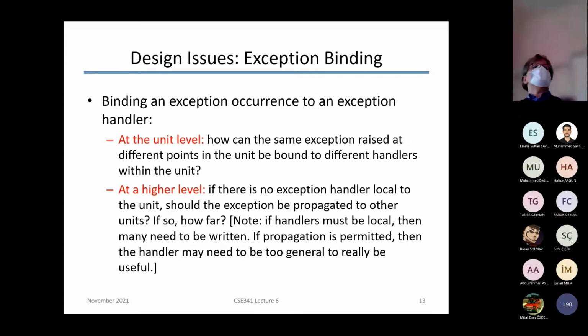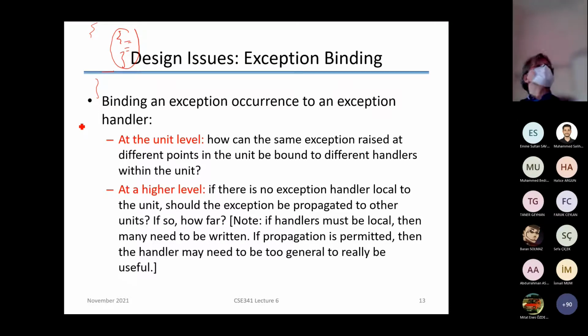So another question is, can I handle this at higher levels? If there is no exception handled at the local level, can I propagate to a higher level? So I have a function, and within that unit I have a possibility of an exception. I'm not going to handle it within this unit, but I may handle it within another nested unit, perhaps, or another nested unit, and so forth. So the question is, can you allow that?